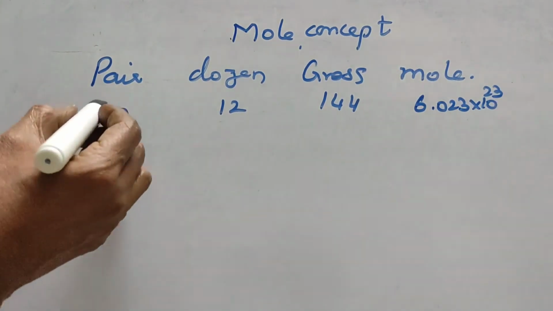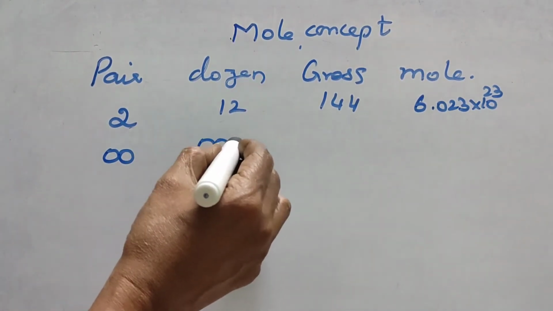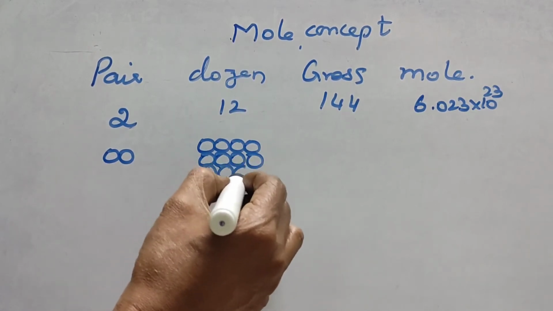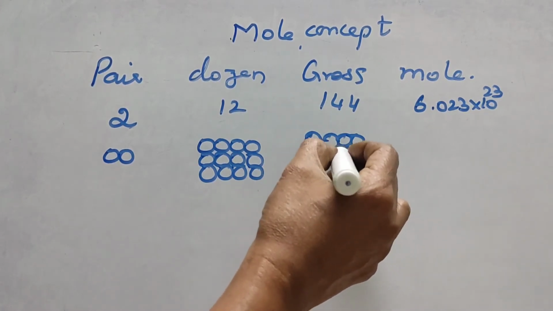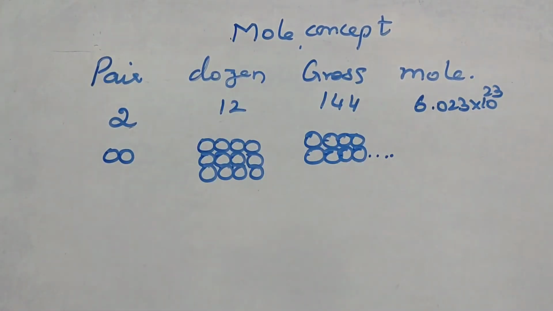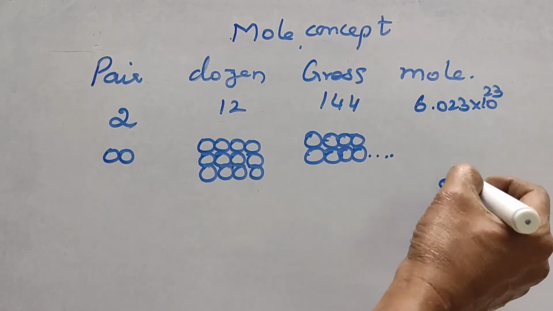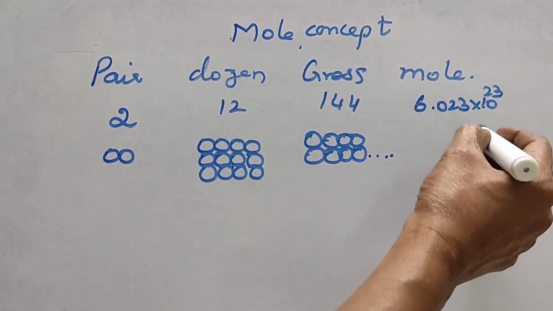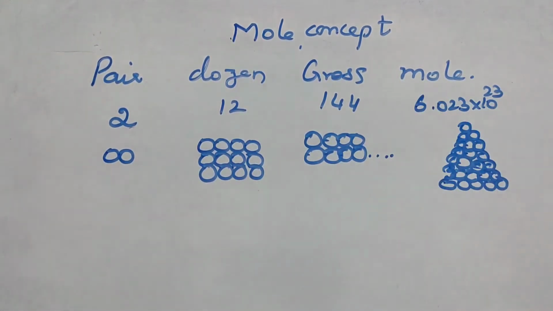Only 2 particles are called a pair. 12 particles are called a dozen. 144 particles we call a gross. 6.023 into 10 power 23 particles, a heap or pile of particles, is called 1 mole.